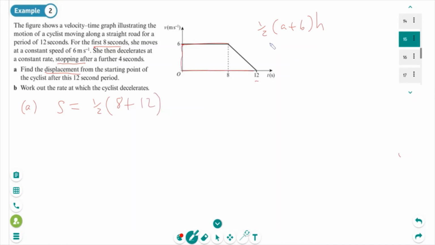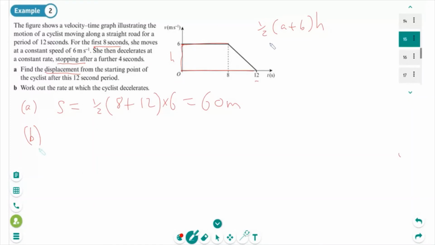That's the h. So that's equal to 60. And the units are in meters. So that's the area. That's the displacement of the cyclist after 12 seconds. That should be no problem.